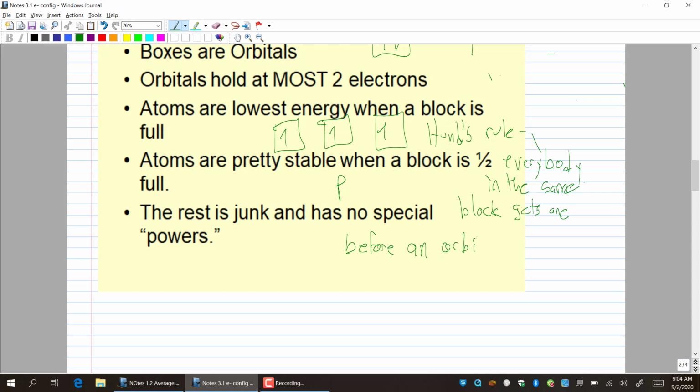Remember, an orbital for our purposes is a box. Really, an orbital is a region of space where an electron exists. Well, what is a box? A region of space where something exists. Whoa, that's deep.